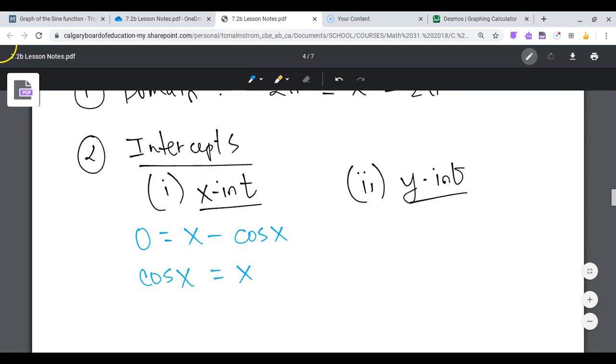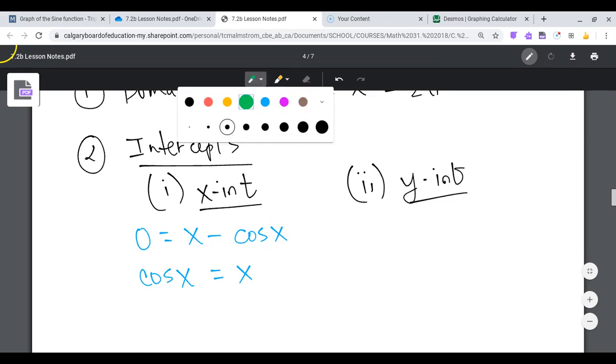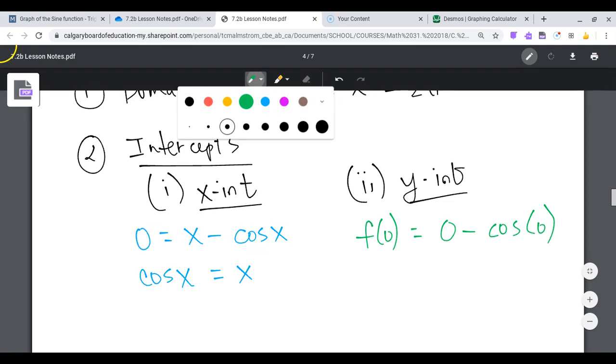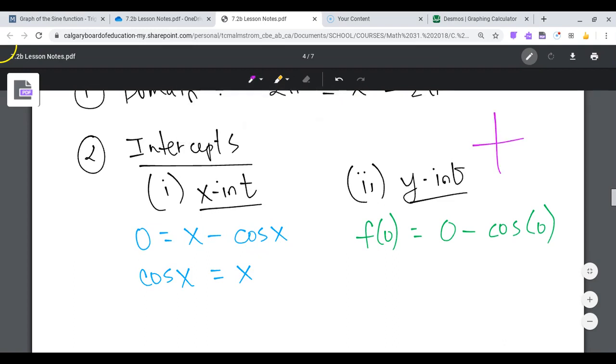So let's see if I can find a y-intercept. So this would be to figure out when x is equal to 0. So I have 0 minus cos 0. All right, so remember that's 0 radians. That's an angle. So I'm going back to my unit circle, and I'm looking at the coordinates at 0 radians, right?